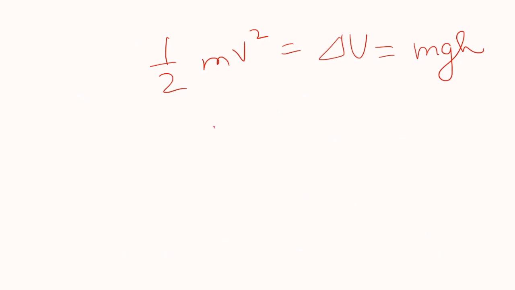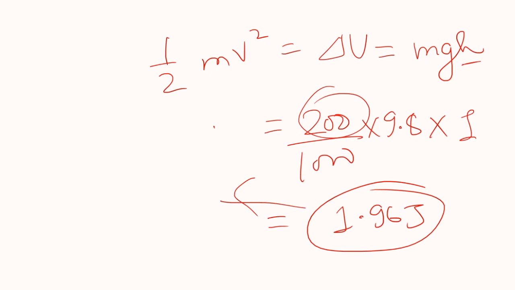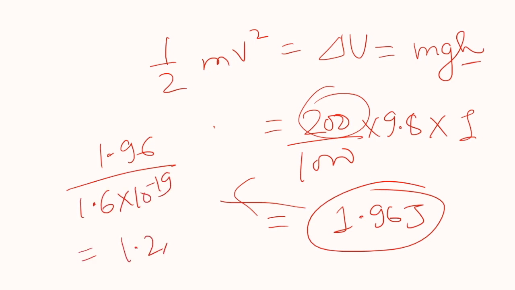So m is 200 divided by 1000, into g, which is 9.8, into the height. The height is 1 meter, so you put 1. When you solve this, you get 1.96 joule. If you want to convert it into electron volts, simply divide by 1.6 into 10 to the power minus 19, which comes out as 1.2 into 10 to the power 19 electron volts.